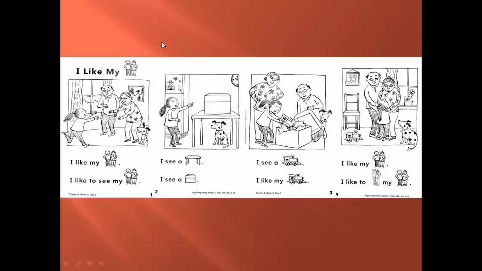So listen up, follow along. I like my grandparents. I like to see my grandparents. I see a table. I see a box. I see a train.